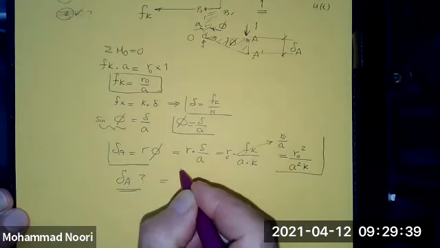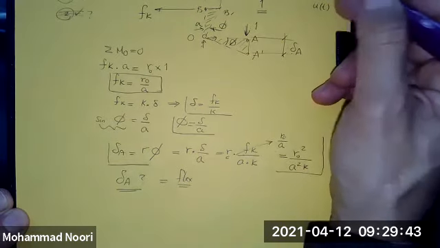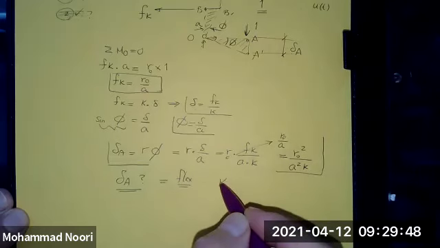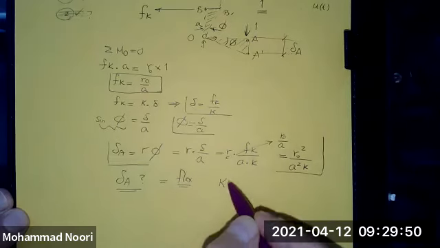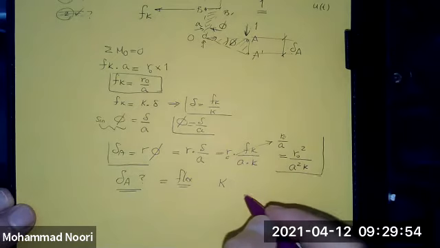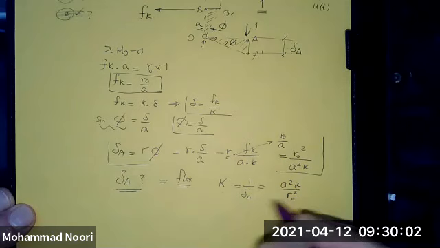Delta A is the flexibility, because as I said, it is the displacement caused due to unit force. That means the stiffness of this system is 1 over delta A, which is A squared K over R naught squared.